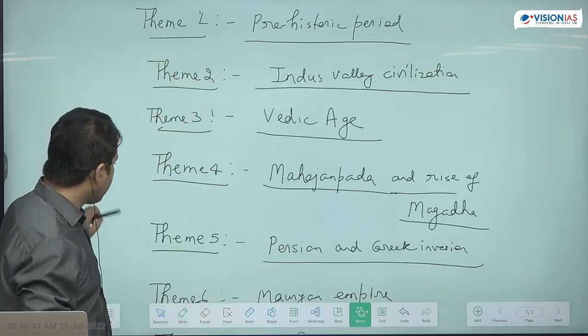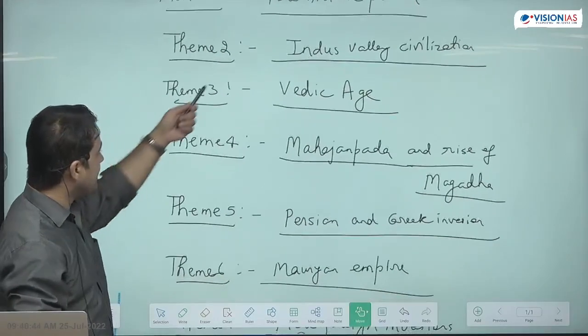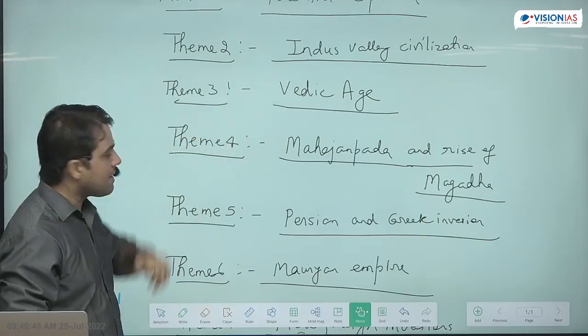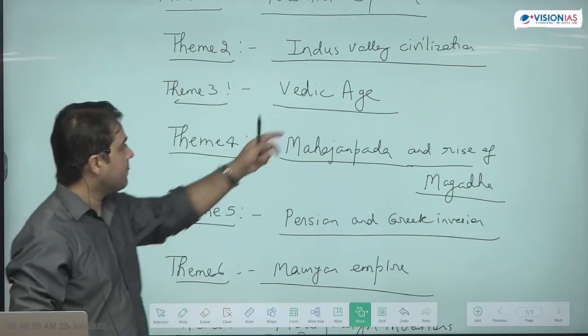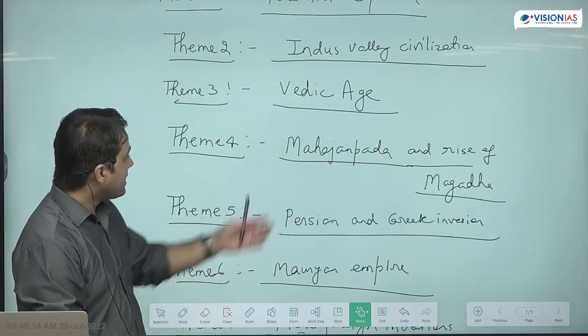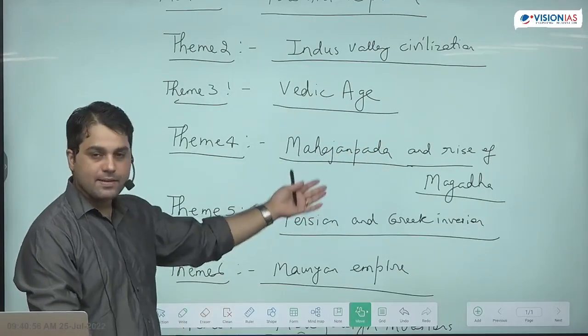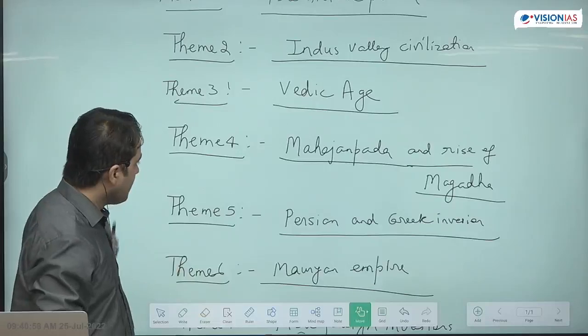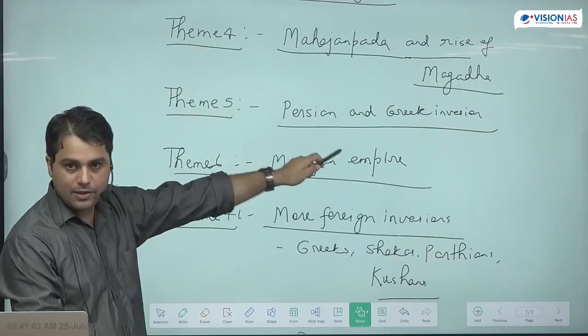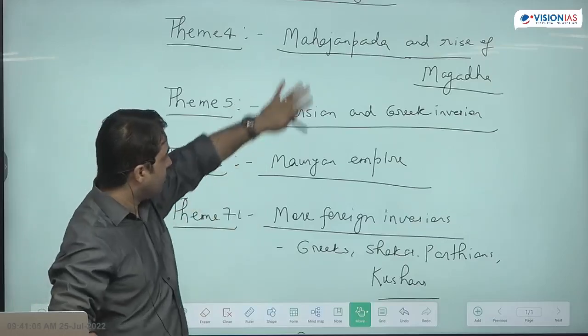Indus Valley civilization's time period will be about 2600 BC to 1300 BC. The Vedic age's time period will be about from 1500 BC to 600 BC. Mahajanpad, rise of Magad from 600 to 300 BC. Persian Greek invasion, again it started in 5th century BC, it went on till 3rd century BC, so there is an overlap here.